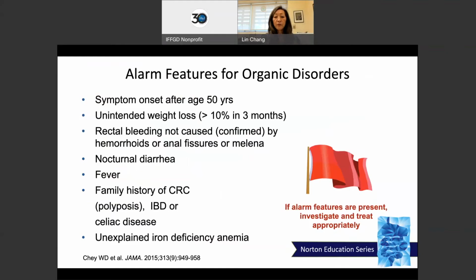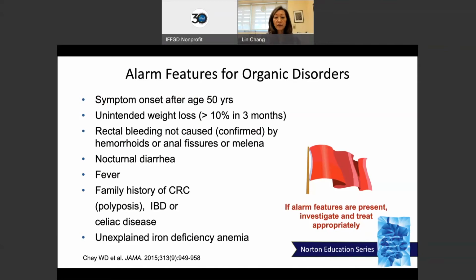These are alarm features that are more indicative of having an organic GI disorder, a structural disorder or biochemical disease, inflammatory bowel disease, celiac disease. So the alarm features for IBS symptoms are symptom onset after the age of 50. Now, this is new symptom onset, not an exacerbation of symptoms they've had earlier in life.